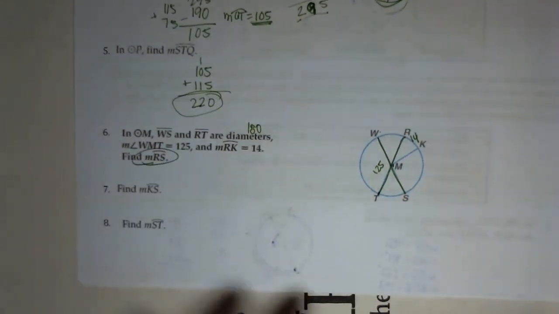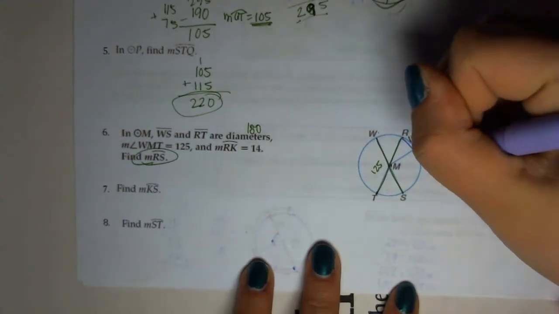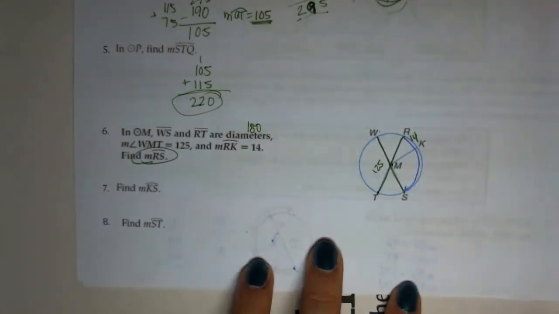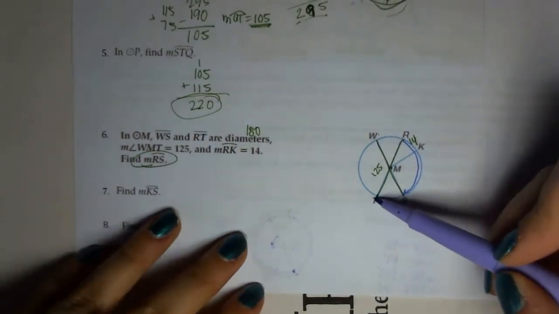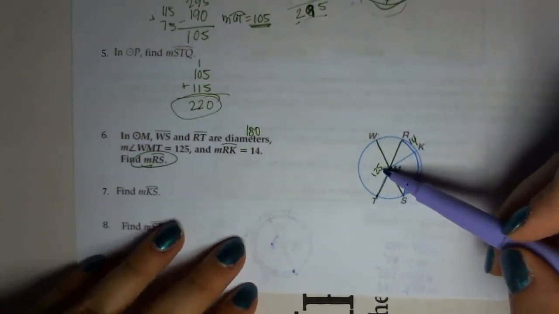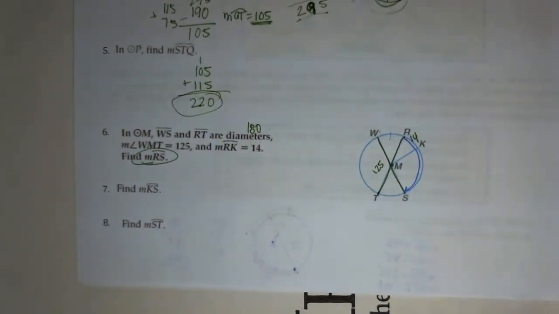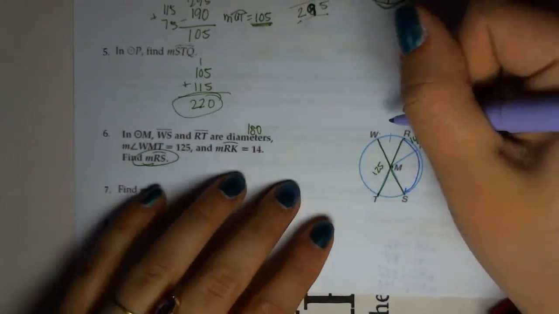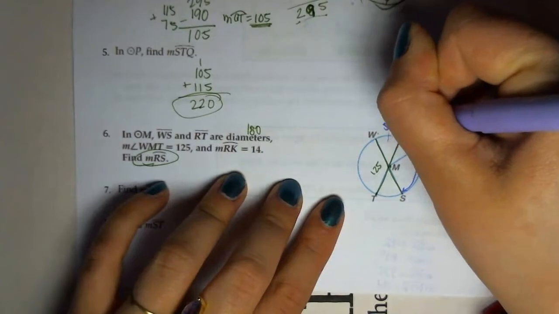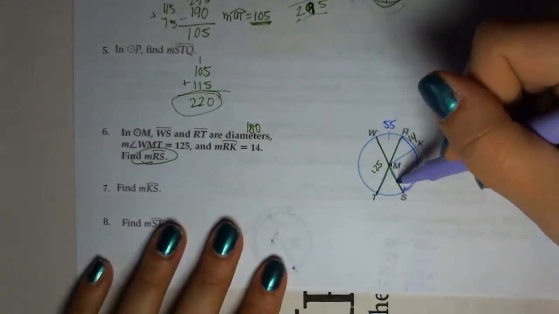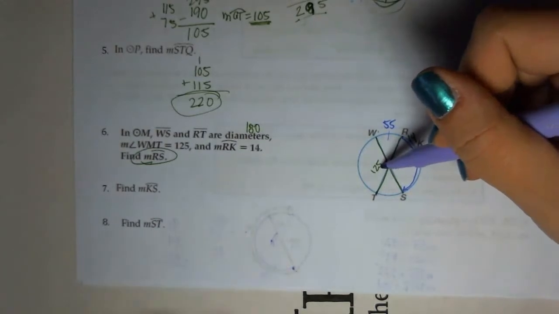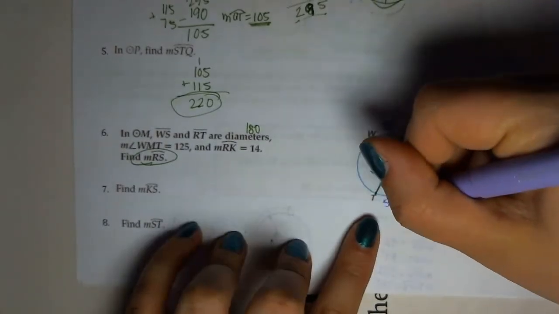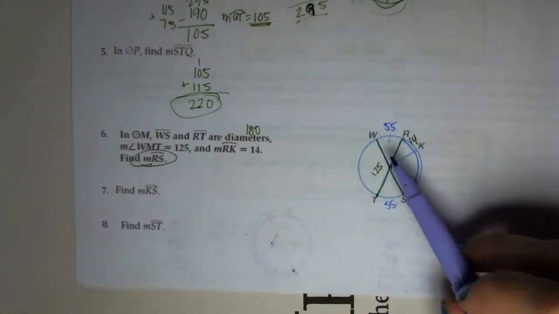So RS is this one right here. Okay, so I'm just going to start filling in spots. If I know RT is 180, I can subtract 125 from 180 to find this one. So 180 minus 125 equals 55. Same thing with this. If WS is a diameter, it equals 180. 180 minus 125 is 55. So now I have that, okay?